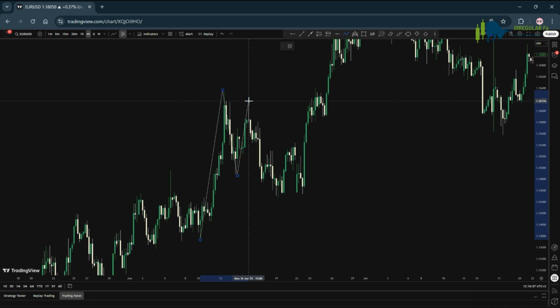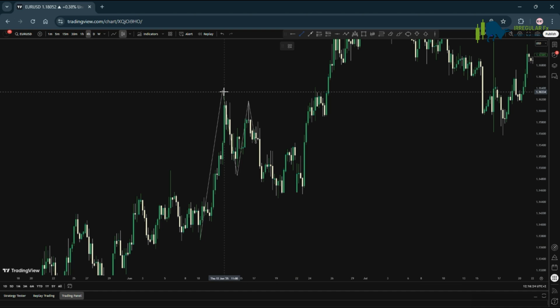So the minute we push back to the downside, that's where we knew that now we're having a continuation pattern. So we go to our trend line, we construct the two highs, which is the first high and the second lower high.